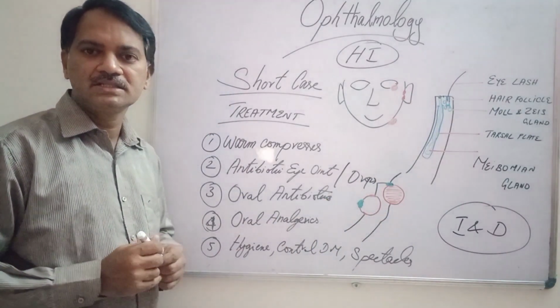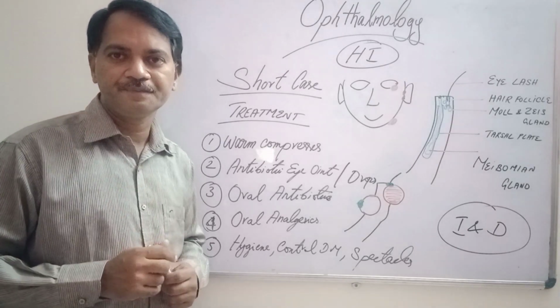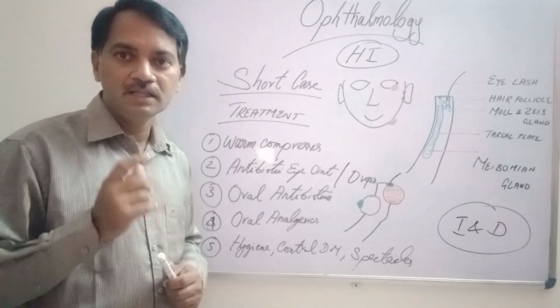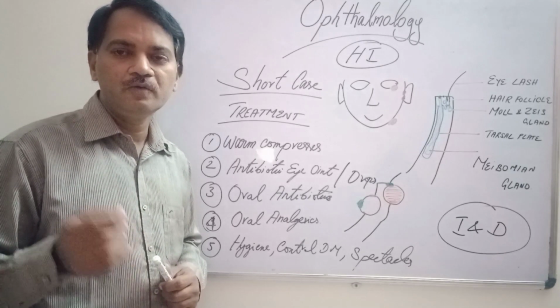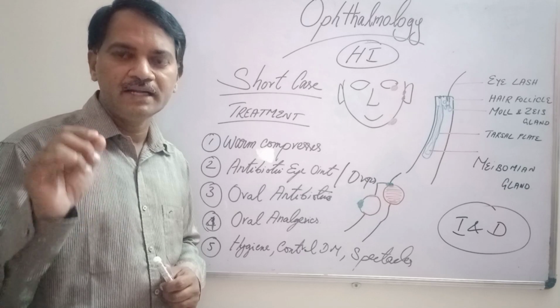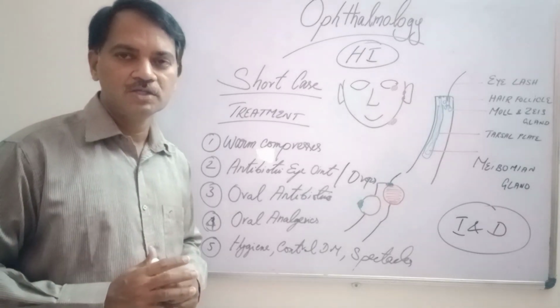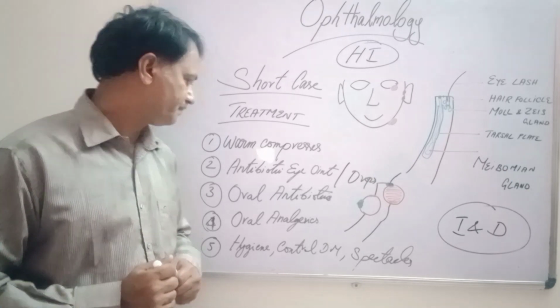Unlike hordeolum externum, where the swelling is on the outside, where we are going to apply the ointment, here the swelling is on the inside. So we are going to give antibiotic ointments or drops in the conjunctival sac. So eye drops can also be chosen for this case.